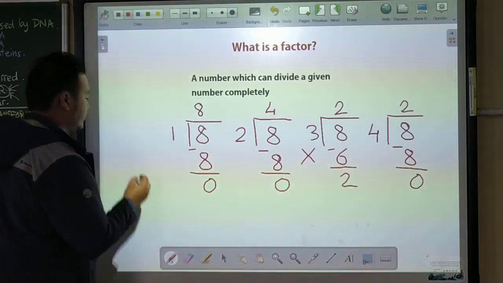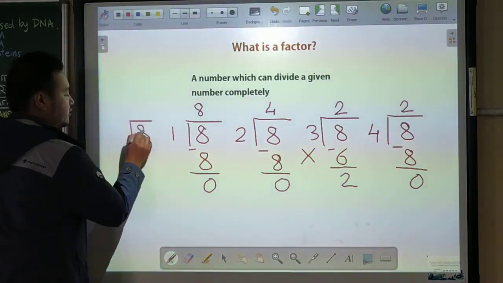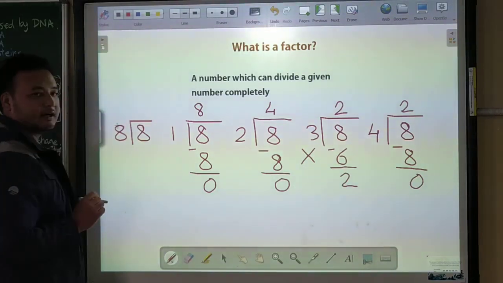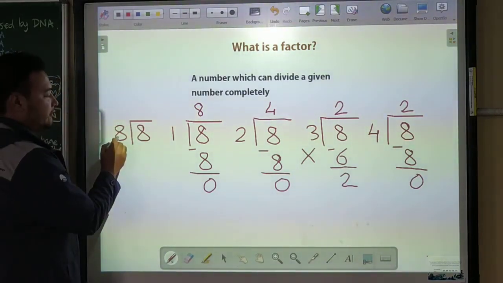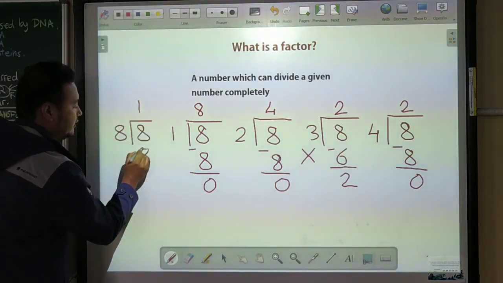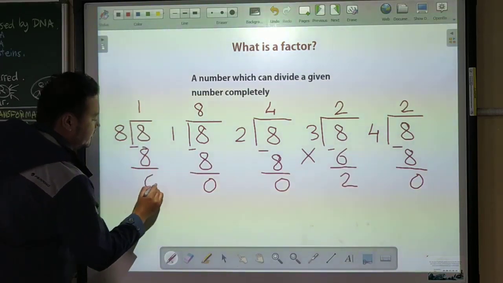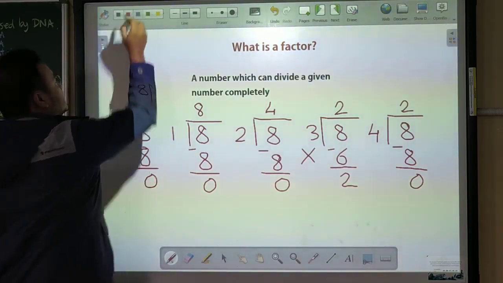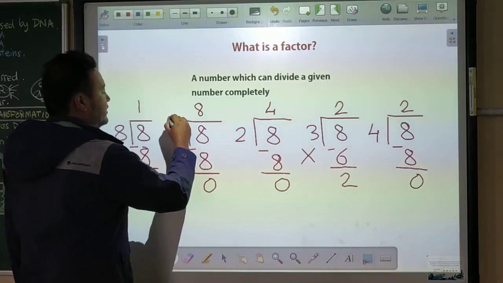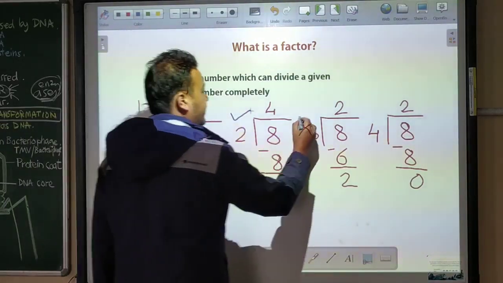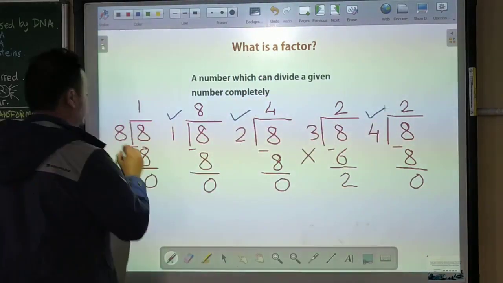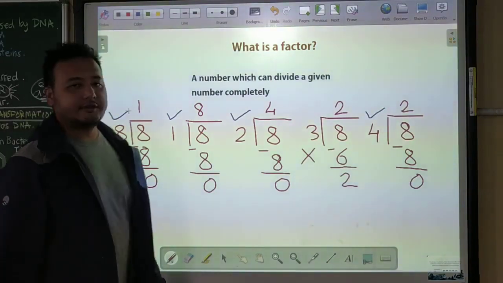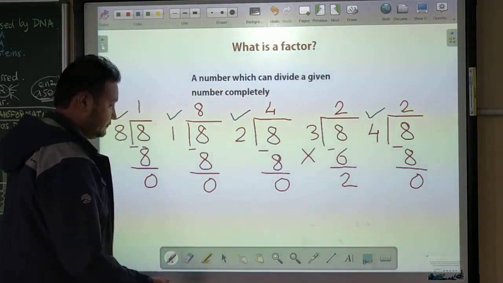You straight away can divide that number by the largest factor, that is the number itself. 8 1s are 8 and the remainder is 0. So that means all these numbers which can divide 8 completely, they are known as the factors of 8.